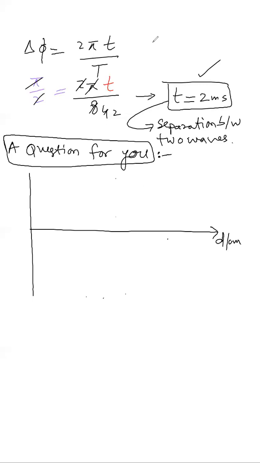Let me draw first wave for you from here. Okay, this is first wave, and let's say I'm going to mark the distance as 2, 4, 6, 8, 10, 12, and 14.